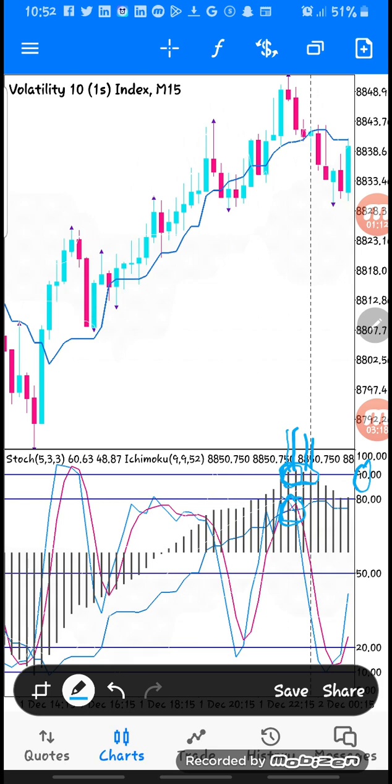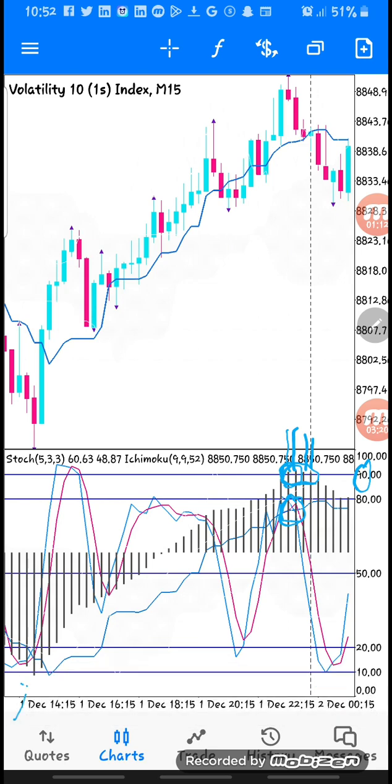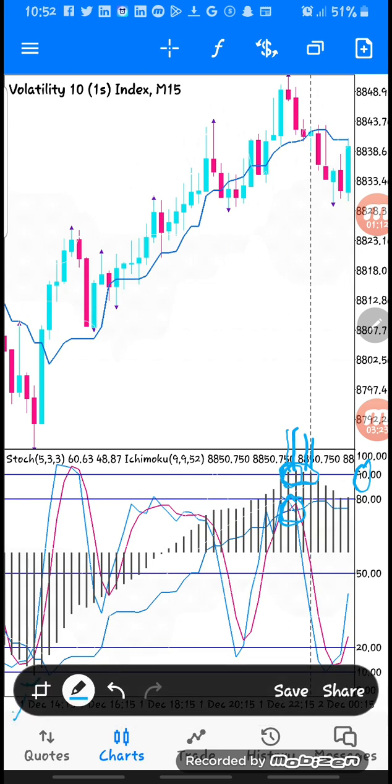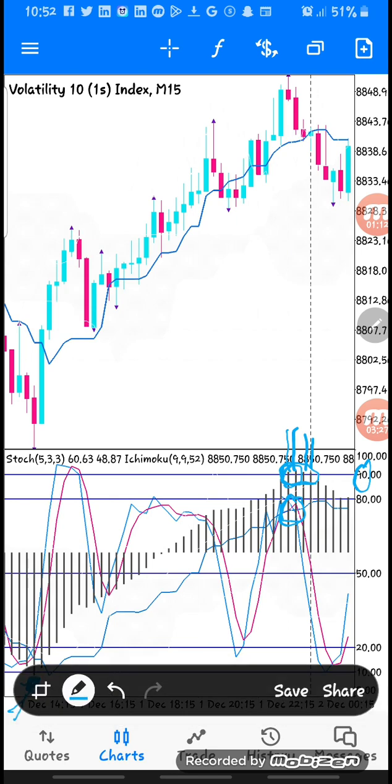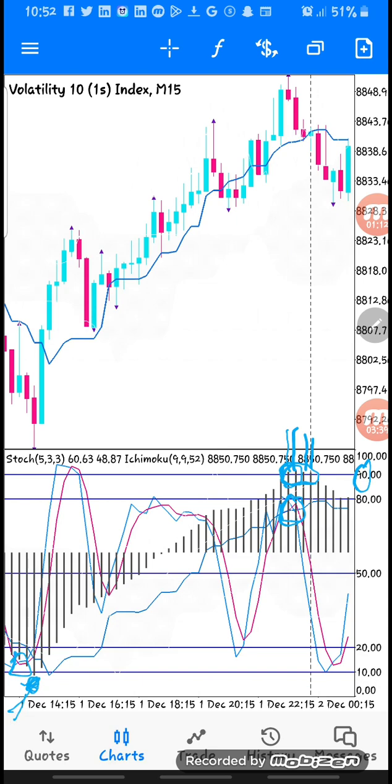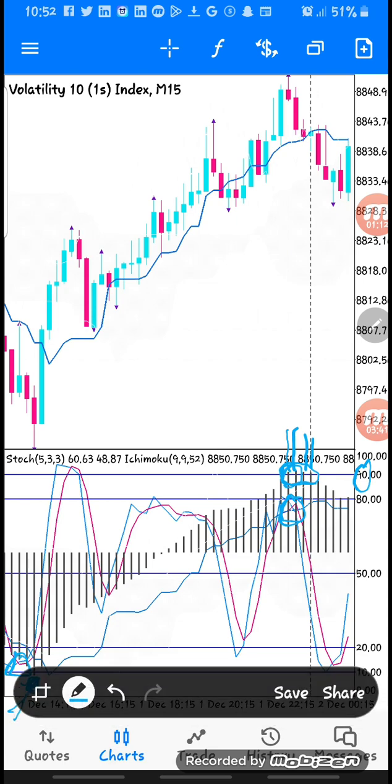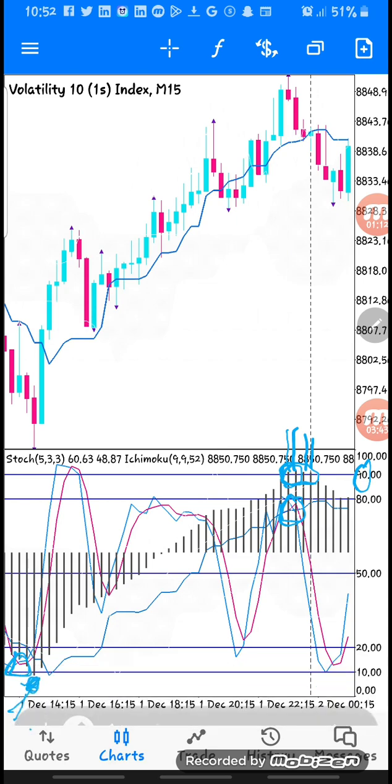For a buy setup, the same thing occurs down here. See this very MACD stick there. The same thing occurred there with a stochastic crossover, and then this stick appeared and closed below the level 10.